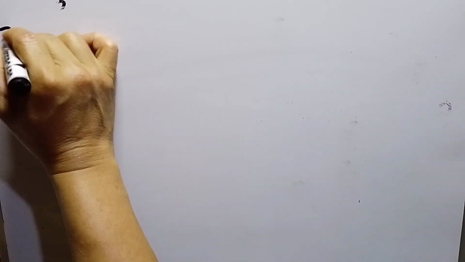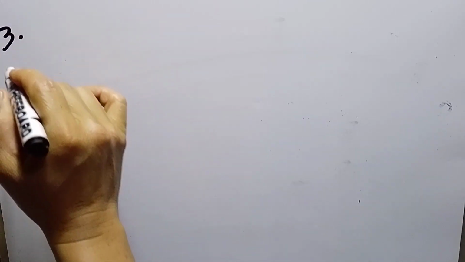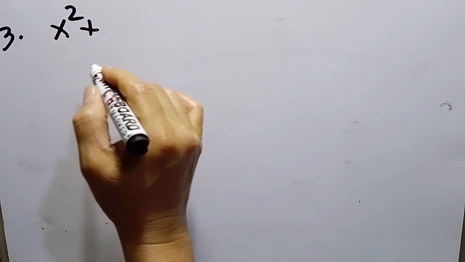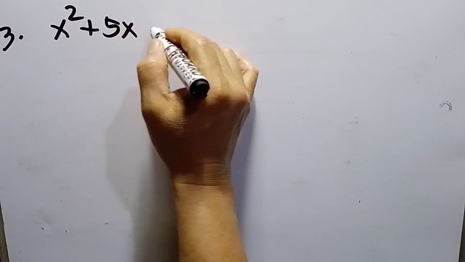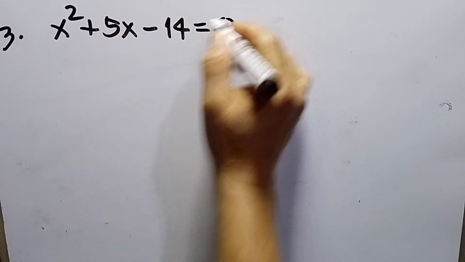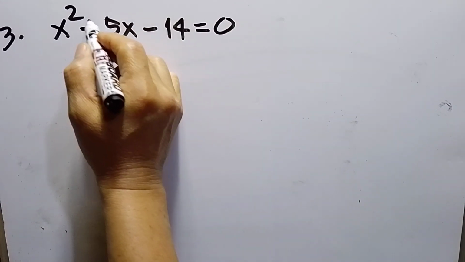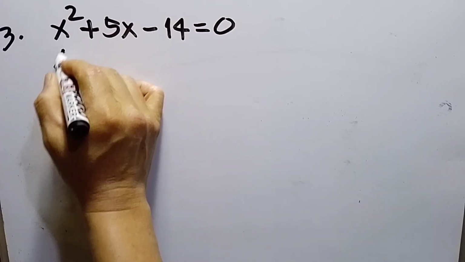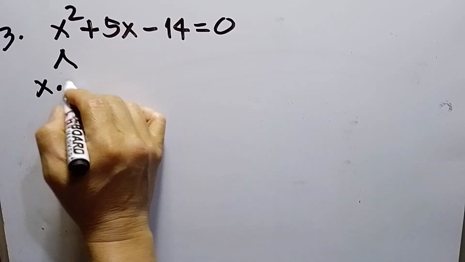Number 3, x squared plus 5x minus 14 is equal to 0. So take note, the second term is having a positive and then the last term is negative. So I need to factor out this one. So x times x.